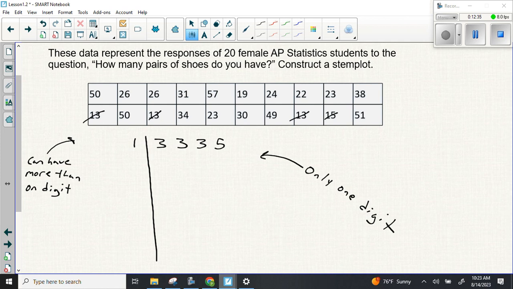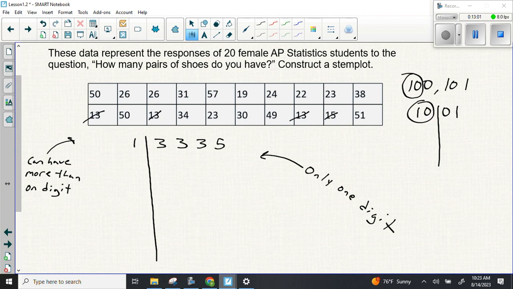That's right. The reason why I say only one digit is what if they had a ridiculous amount of shoes, like in the hundreds? Imagine I had a list like 100, 101. Now my stem could be 10, and then a 0 and a 1 as leaves.